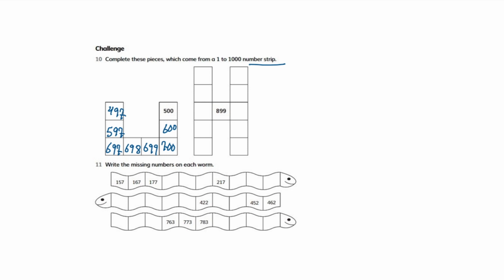We now move to the second part, in which we have a number in the center which is 899. If 899 is here, over here we will have 900. And to the left we will have 898. So above 898 we have 798.